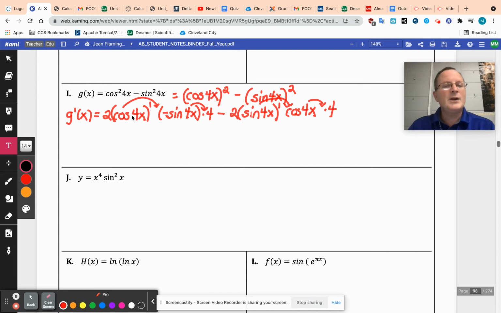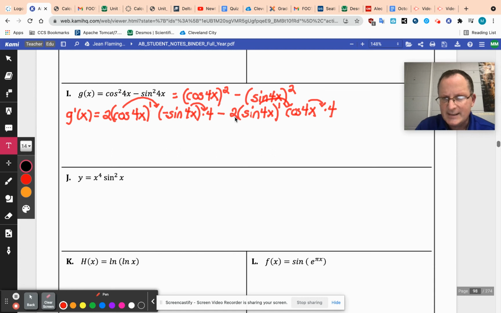Okay, so some of this cleans up. I've got 8s in both places. This is negative 8 cosine 4x, sine 4x.